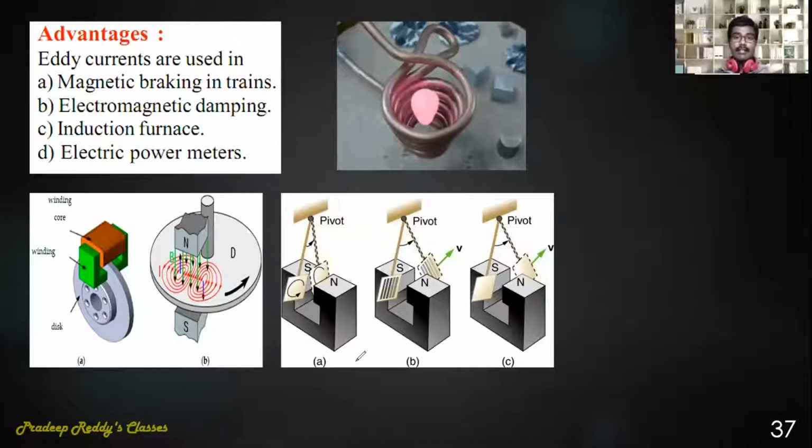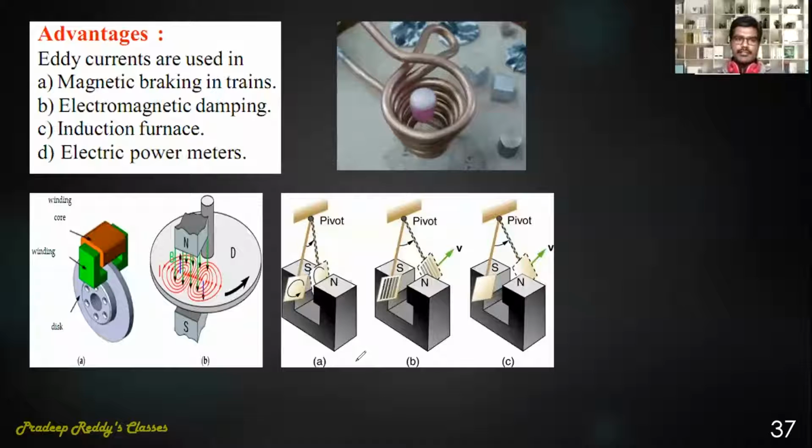As a result, it is getting red hot and it is able to melt. Finally, it falls down. So you can melt very high melting point metals. You can achieve temperatures up to some thousands of degrees Celsius using eddy currents.